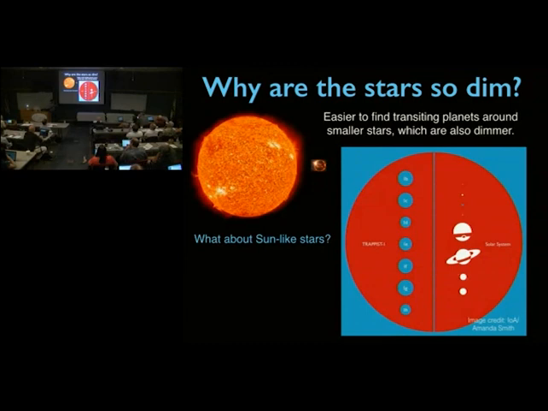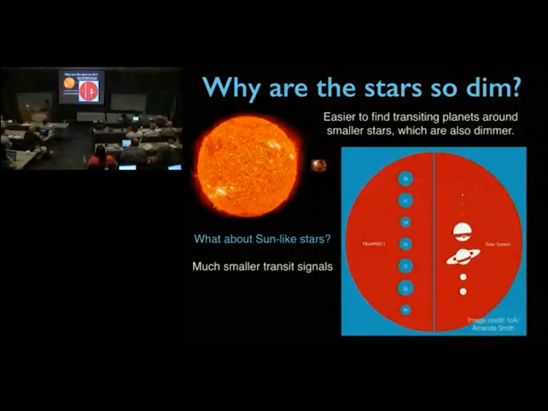So we really want to find a true Earth analog, right? One that is at the right distance from its star to have liquid water on its surface, that is the right size, small, it could be terrestrial, but then also one that orbits a star like the sun, right?